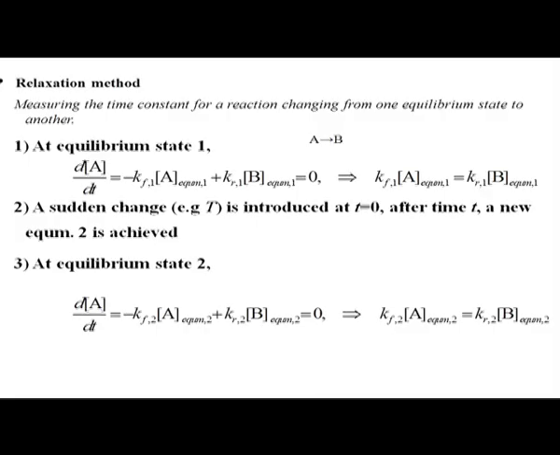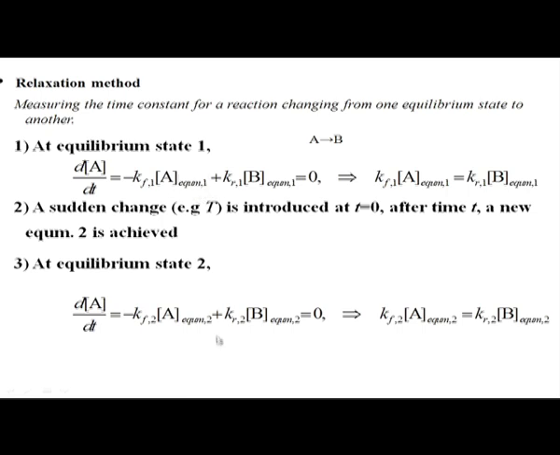The moment it is perturbed, the system will try to relax from one equilibrium state to another equilibrium state with time, and that will guide you to find the kinetics of the process. So after the sudden change you get a new equilibrium.